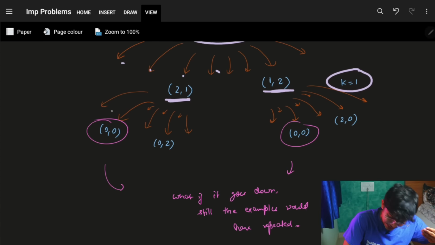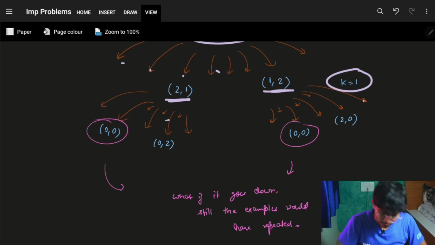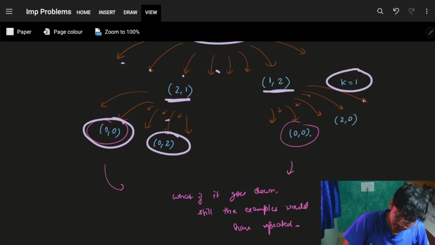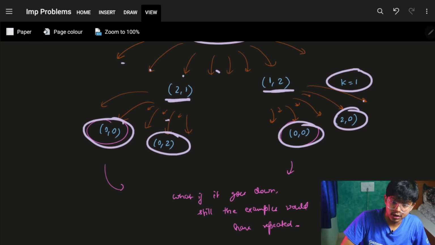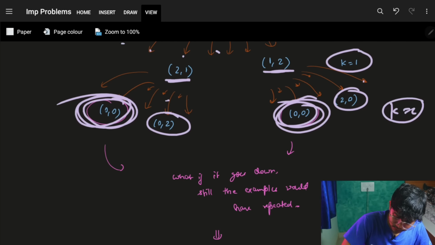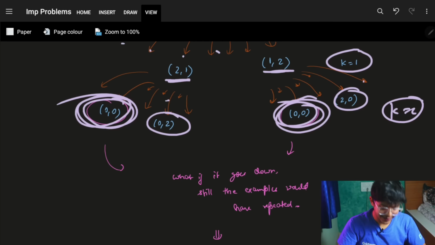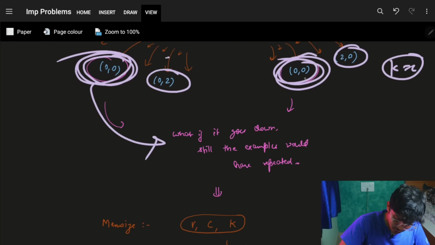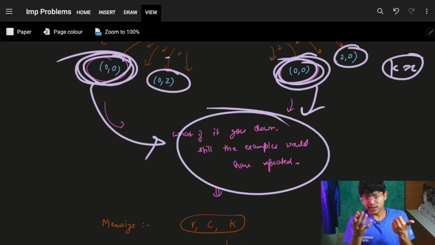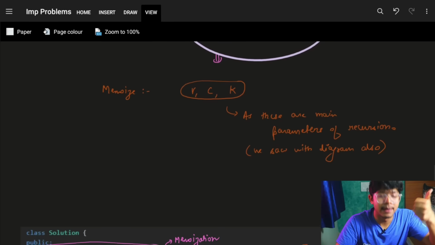For the next move, it again has 8 options, so at every time 8 options will open up. For this, 0, 0, 0, 2, 0, 0, 2, 0. You will see here it is the repeating subproblem at k equal to 2, and you can have many repeating subproblems in this, not infinite. So for sure you know you have recursion and a repeating subproblem. Simply apply memoization.